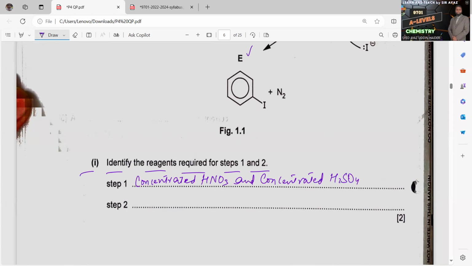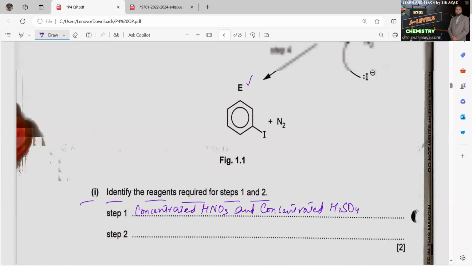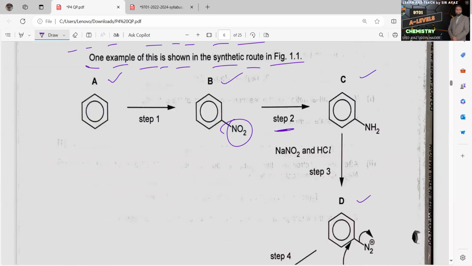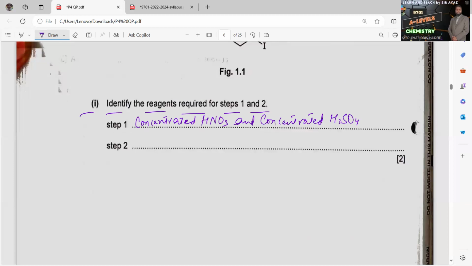What about step 2? Now step 2, what is happening? It involves the reduction to NH2. It must be Sn plus concentrated HCl. So you write Sn plus HCl.